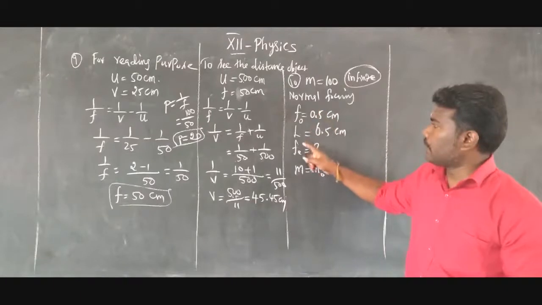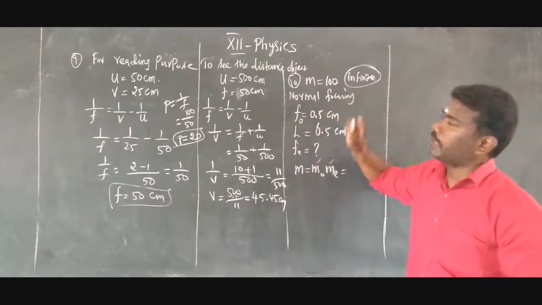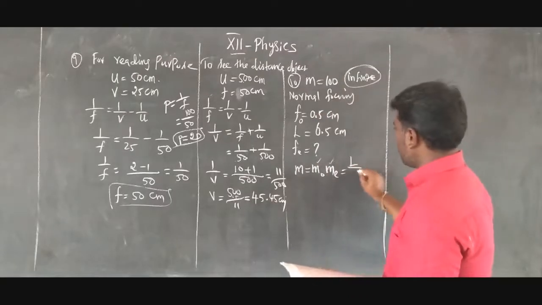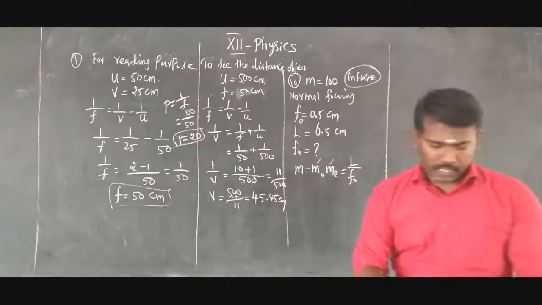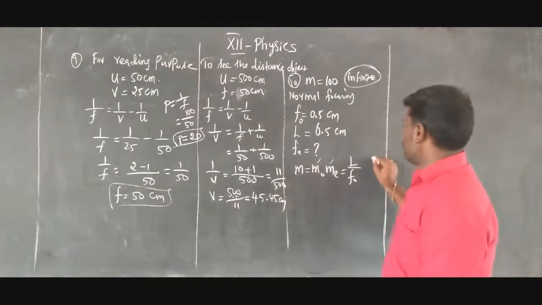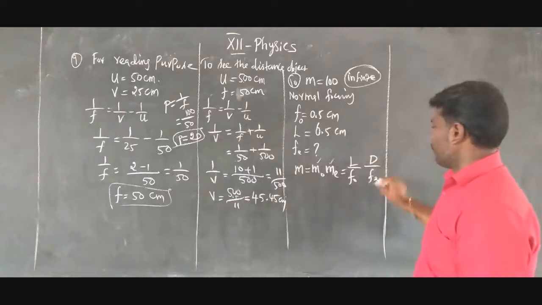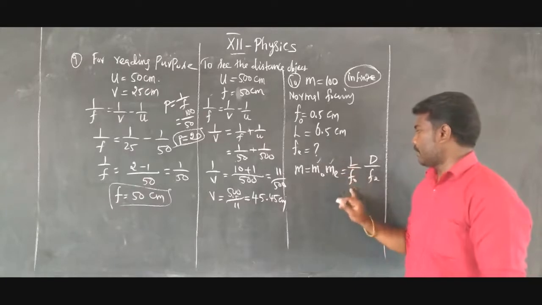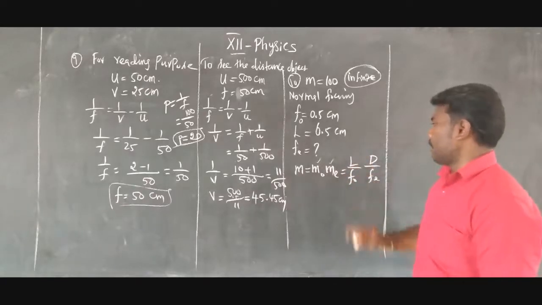The values of F naught, L and M are given. So we are going to apply another formula: M naught is L divided by F naught, and for ME it is D divided by FE.